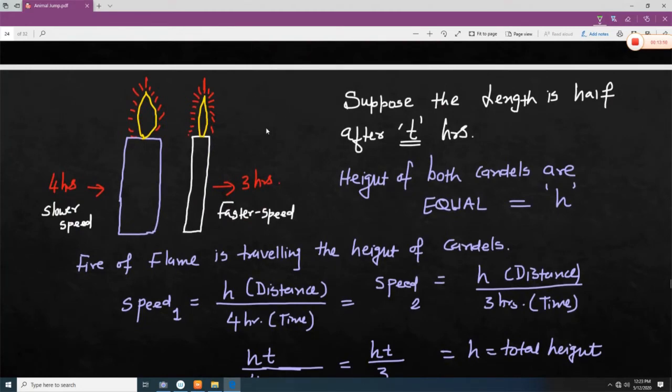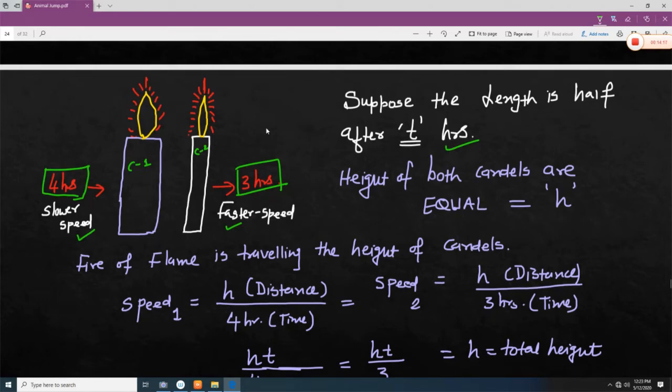Now look here, there are two candles. This is candle 1 and this is candle 2. This candle is lighted for 4 hours, so it has a slower speed of reducing, and this candle is lighted for 3 hours, so the speed is faster. Suppose the length is half after t hours.